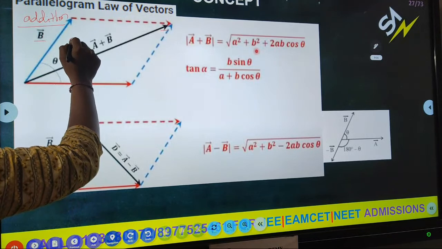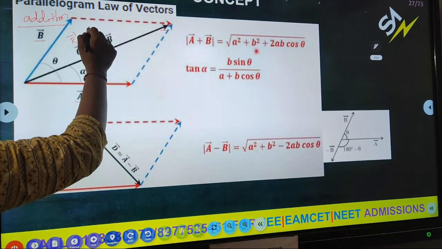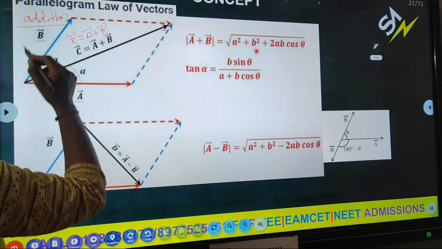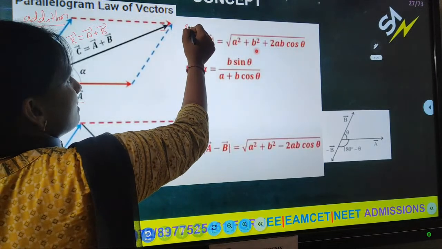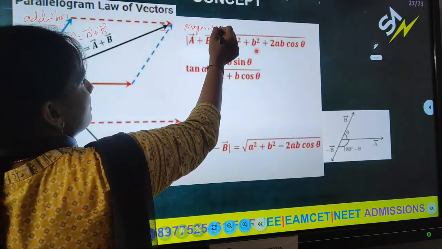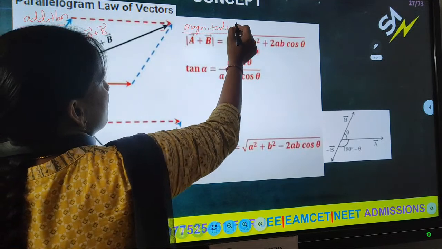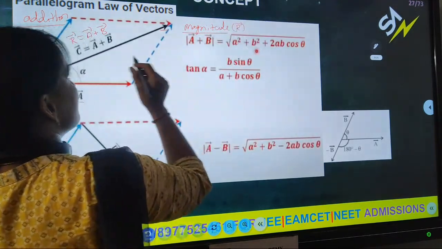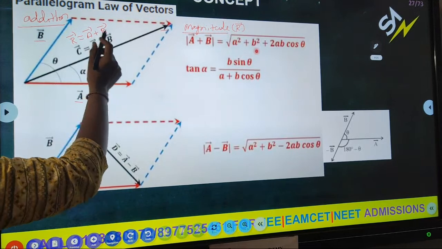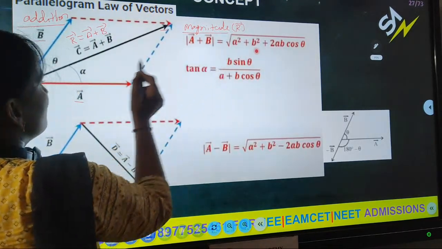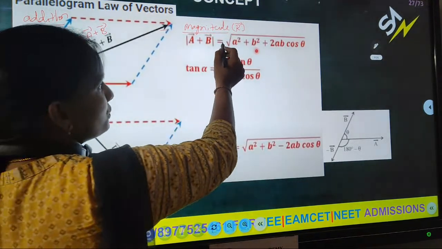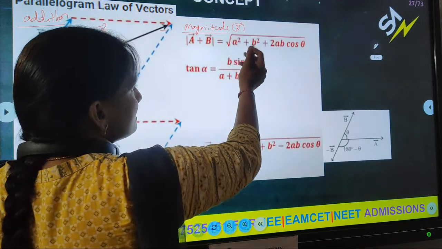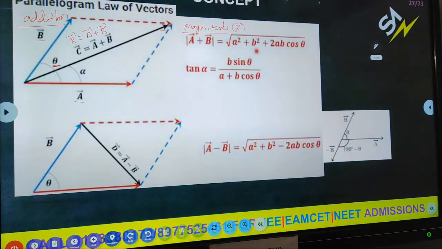So C bar is the resultant, which will be equal to A bar plus B bar. In the parallelogram law of vector addition, to find the magnitude of the resultant, where the vectors have angle theta, the magnitude of the resultant is the square root of A square plus B square plus 2AB cos theta.